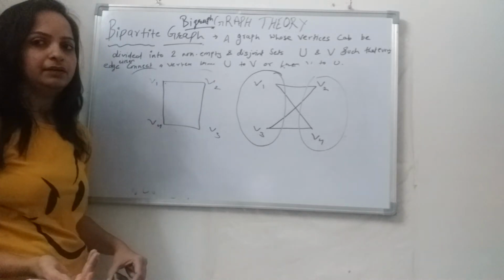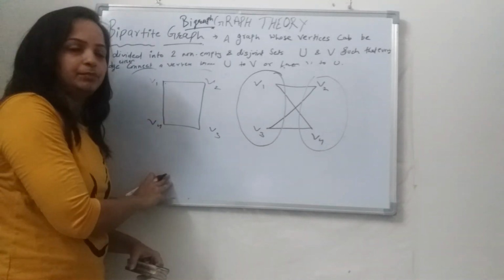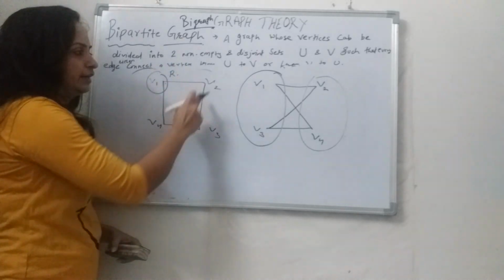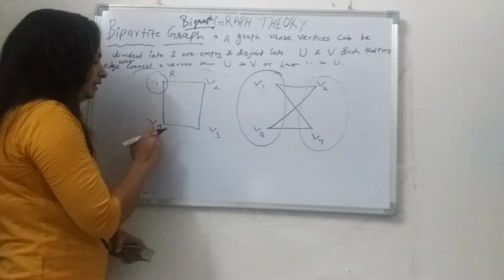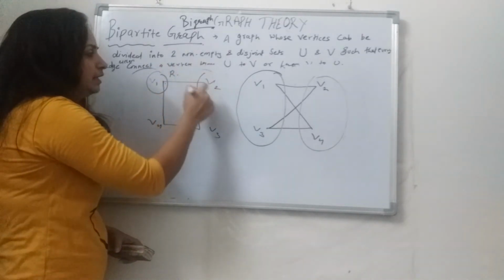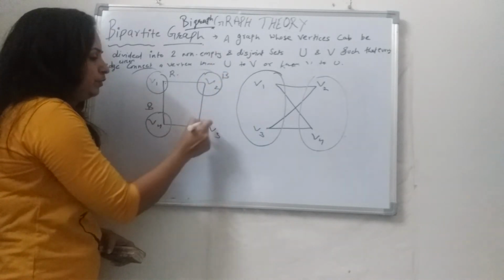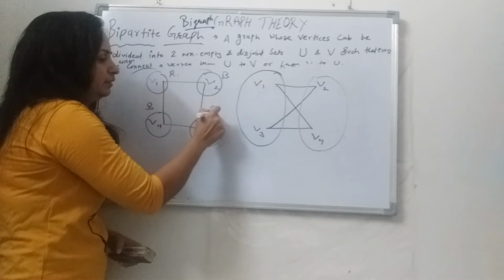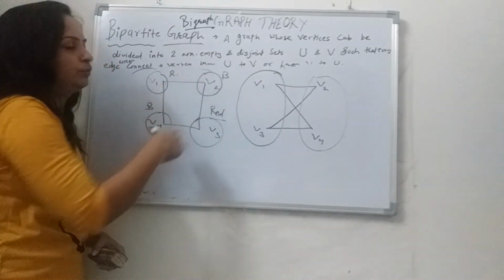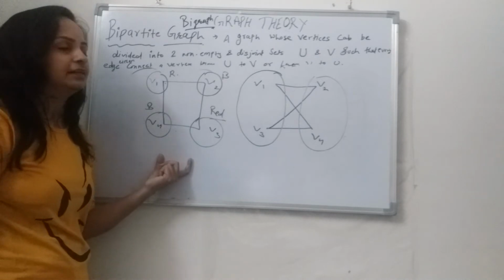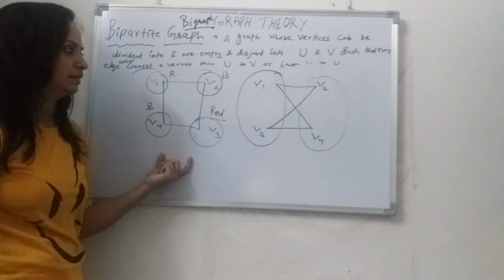You can see it as a graph coloring example also. If I color this red, I cannot color these red. So I color these blue and again color this red. So with two colors I can color my whole graph. So this is an example of a bipartite graph.